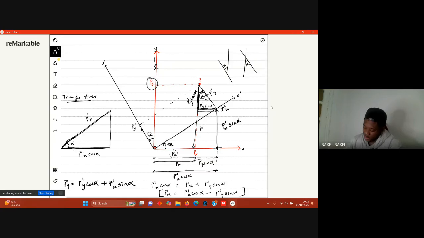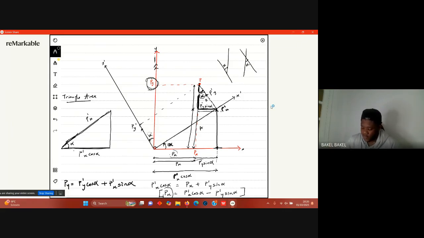So let me take out some details. What we are looking for now is this Py. You can see we've gotten something that relates Px. So it's Py now. And if we look at the graph, if we get this height, and then we get this height, we can add it up to get Py.